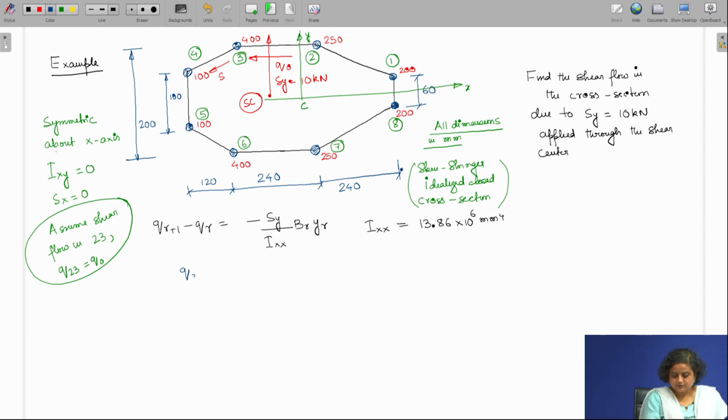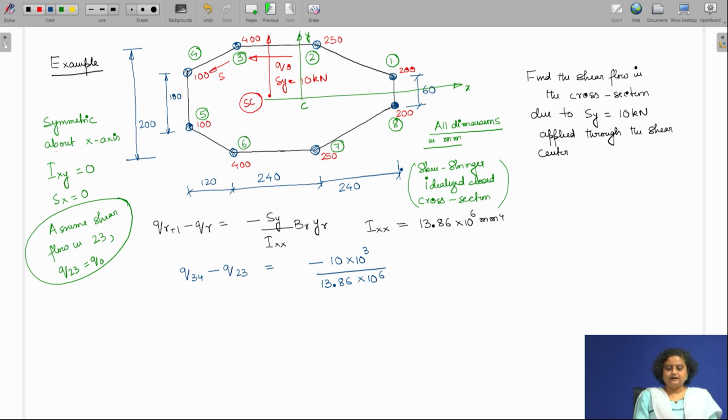Now, Q34 minus Q23 is going to be minus 10 into 10 to the power 3 by Ixx, which is 13.86.